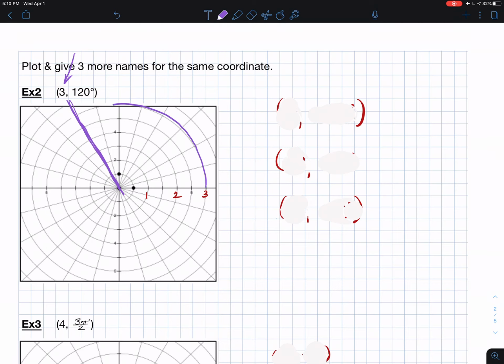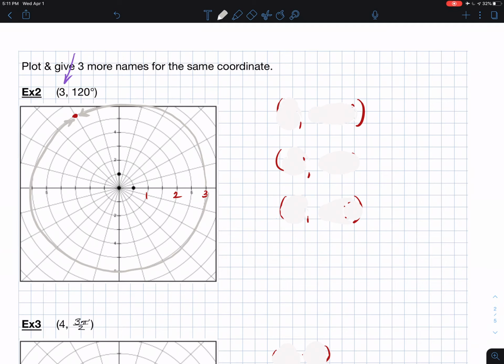Okay, so I'm going to change my color here so it's not quite so distracting. I went this direction to get to that coordinate. Now, I could also go in this direction to get to that same coordinate, and that would be a negative angle. Now, let's look at the directions.